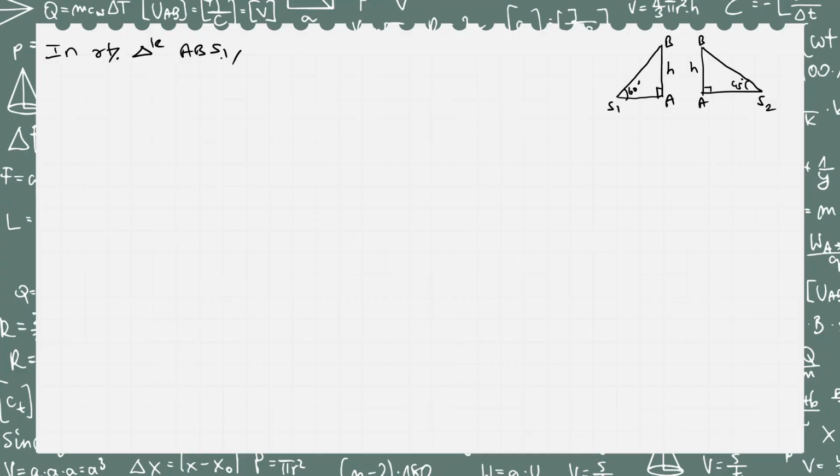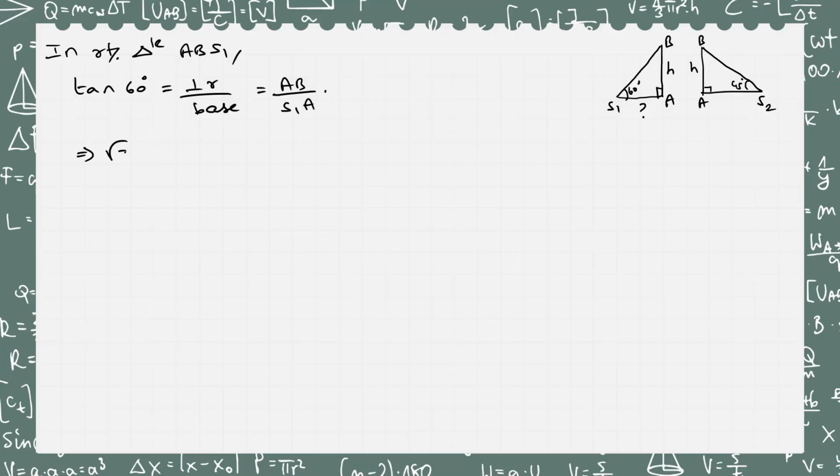Now in right triangle ABS1, we need the base's length and the perpendicular's length as well. We are not bothered about the hypotenuse at all, right? So the base and the perpendicular are connected by tan of the angle 60 degree. So tan 60 degree equals perpendicular divided by base, and for this triangle it is AB by S1A. But we know the value of tan 60, which is root 3, right?